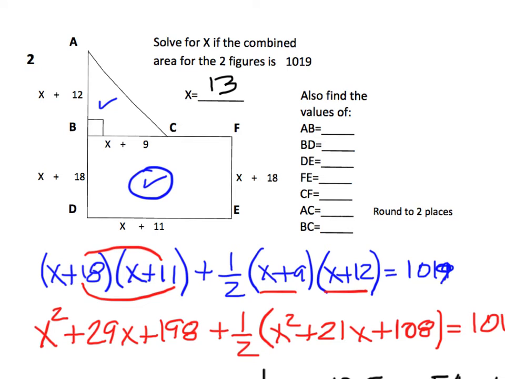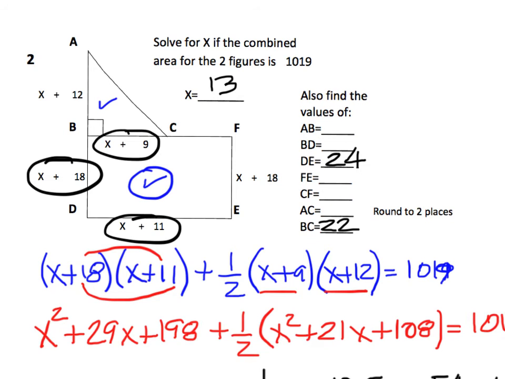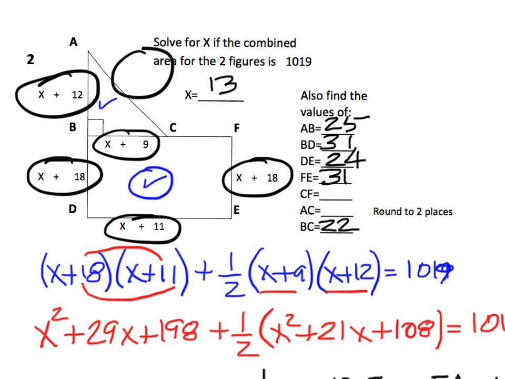So if x is 13, BC is 22, and DE is 24. BD is 31. AB is 25. Of course, FE is going to be the same as BD, it's 31. And you have this one to find here, which is the Pythagorean Theorem. Remember that AB is 25 and BC is 22.